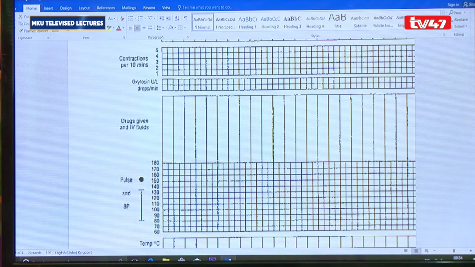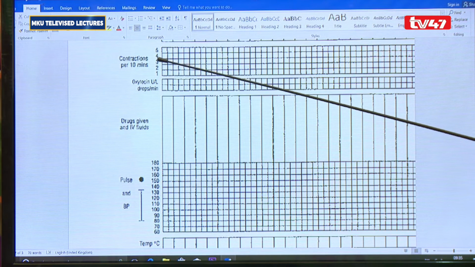For moderate contractions, these are contractions that are between 20 to 40 seconds, and they are measured again every 10 minutes. It may be one contraction every 10 minutes. They may be 2, 3, 4, or 5 contractions, as indicated here, 1, 2, 3, 4, 5.